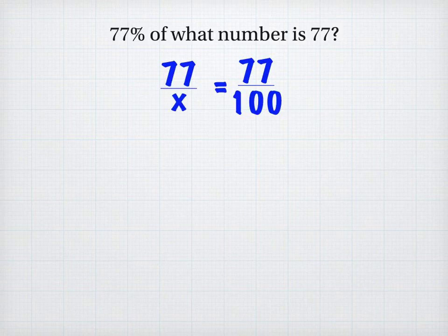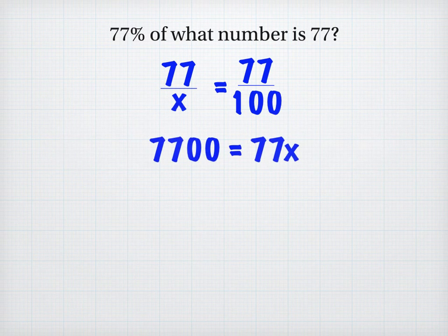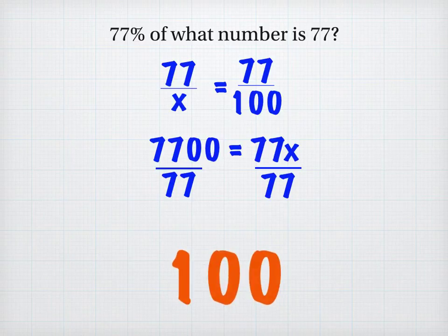Hopefully this is kind of obvious, but if we cross multiply, we would get 7,700 equals 77x, divide both sides by 77, and you would get 100. Again, hopefully that was pretty obvious back when we first set up our proportion because we had 77 over x equals 77 over 100. So hopefully you realized, of course, x had to be 100.